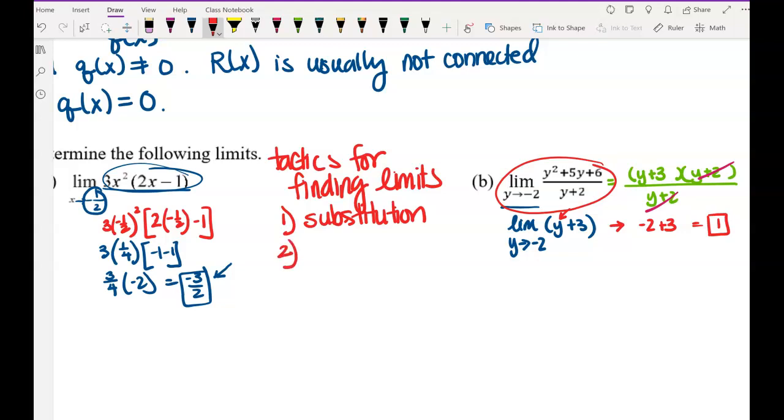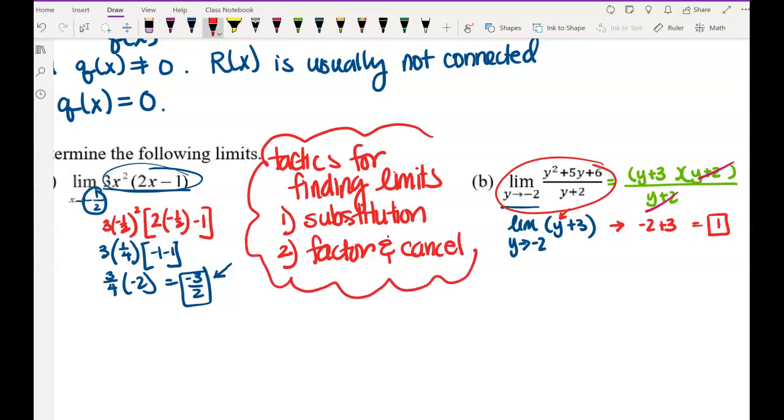What happens when substitution does not work, like in B? Then try to see, students, if you can factor and cancel, and then substitute again. All right, so write those steps out.